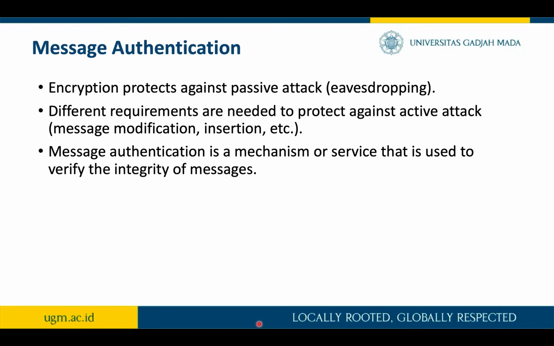And one of the approaches, I think, is message authentication. So message authentication is a mechanism or service that is used to verify the integrity of messages.